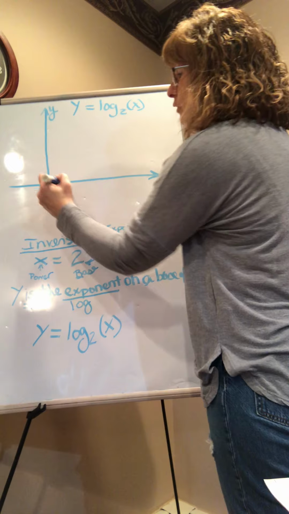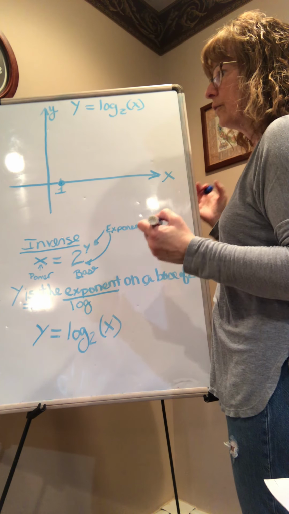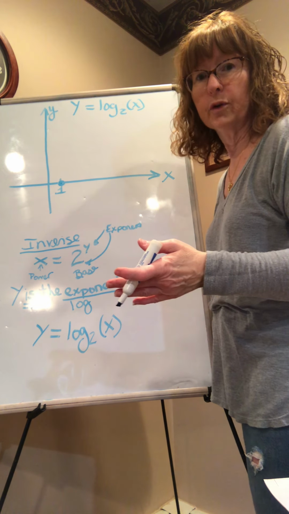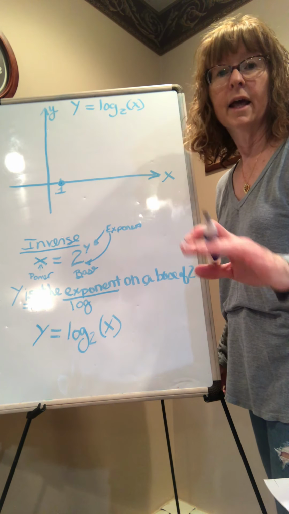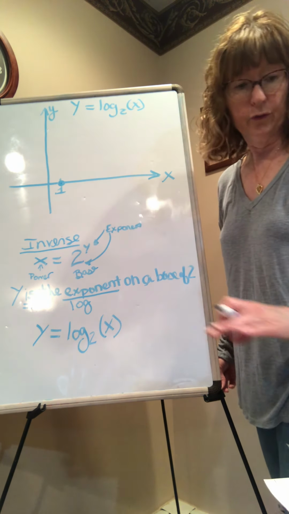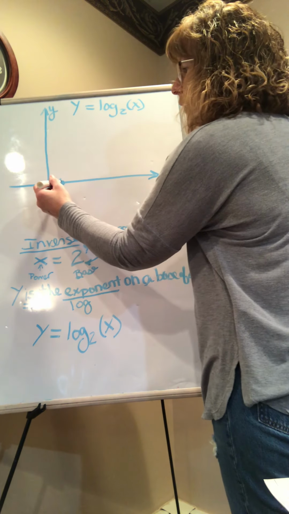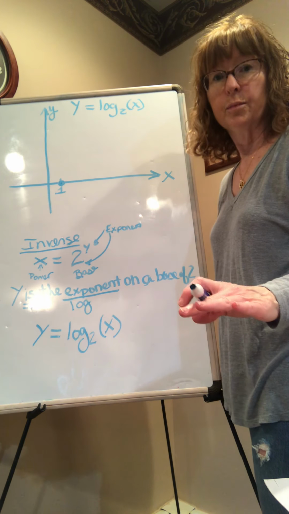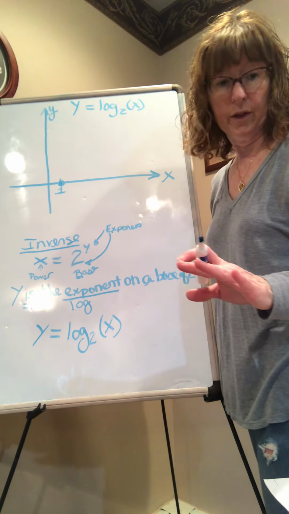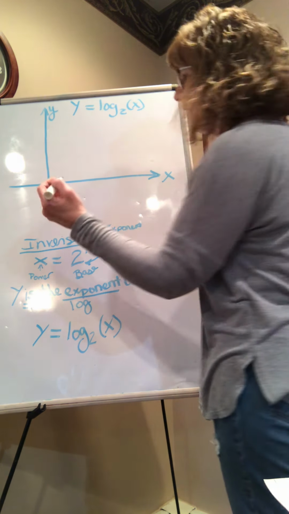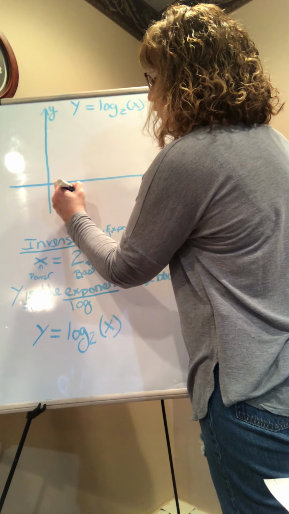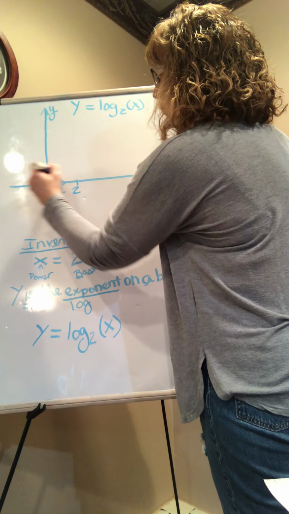We talked about this as well. And the reason for that is look at your exponent graph. Your exponent graph was going through 0, 1. And I switched x and y. So now I'm going through 1, 0. On your exponent graph, you also went through the point 1, 2. Now I'm switching that. I'm going to be going through 2, 1.